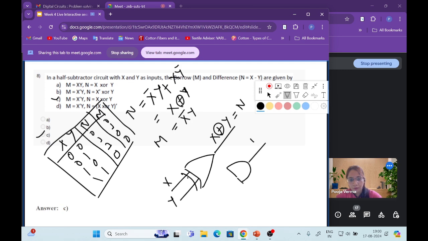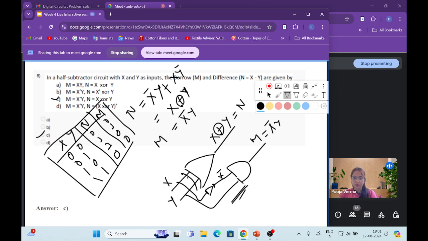For borrow, we need to take a NOT gate so that we get x dash here, then with y we get x dash y. This is the logic gate representation of the half subtractor, and these are the expressions for difference and borrow: x XOR y and x dash y.